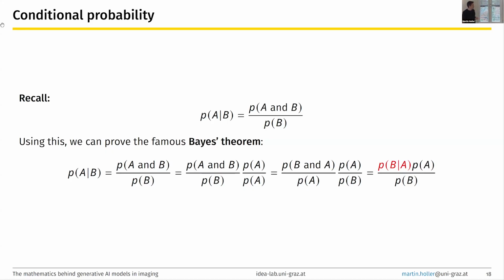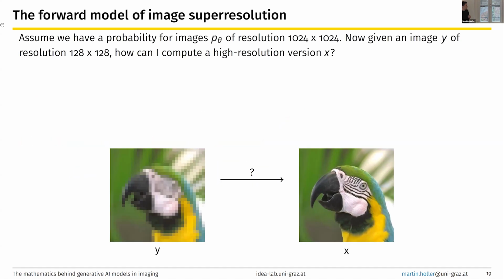And this is the so-called Bayes theorem, because it allows you to exchange the events in conditional probabilities. So let's recall this for now, and let's see how we can use this in our problem.